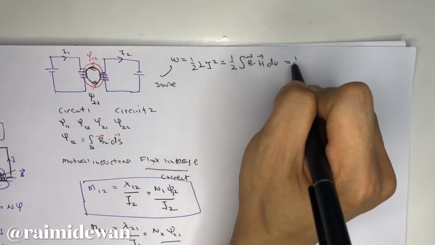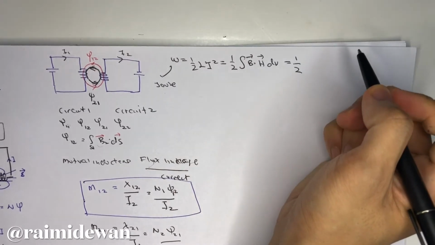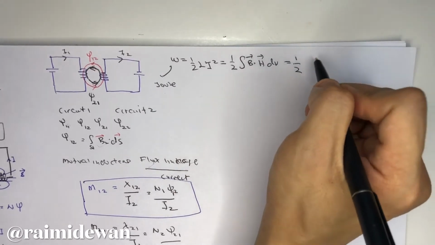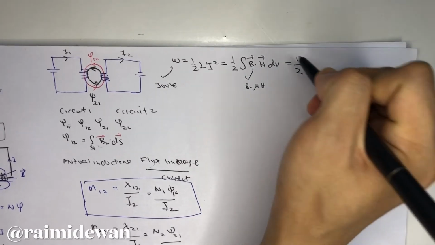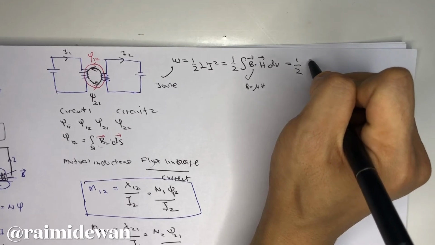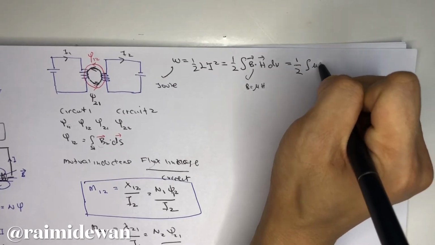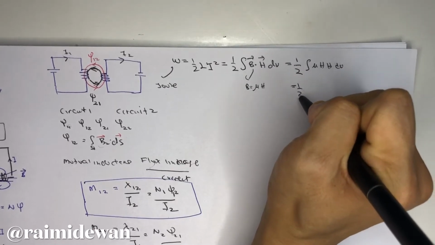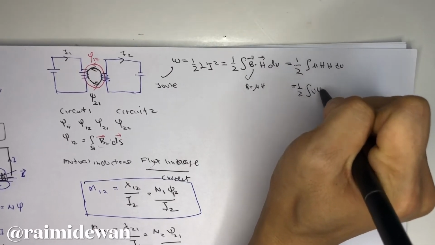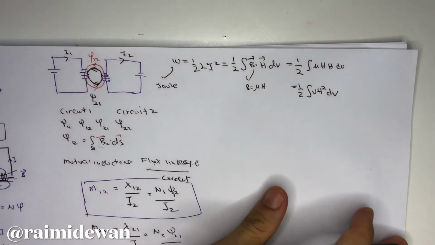And this one you can extend again, because you know B equals to mu H, am I correct? So if you want to extend it again, you will have mu H dV, which ends up as half of mu H square dV, okay.